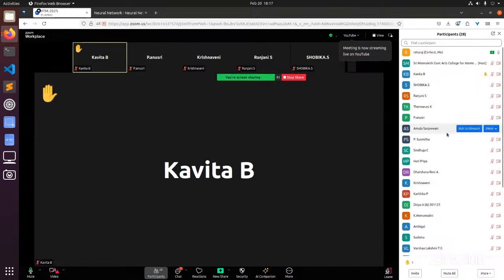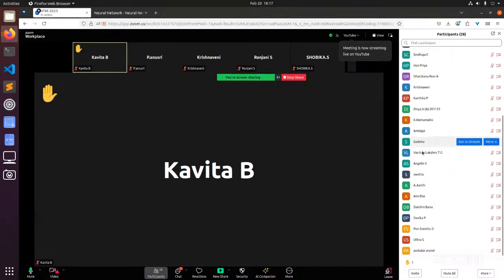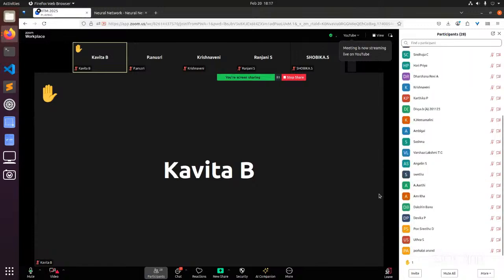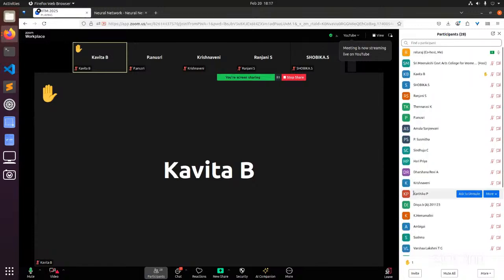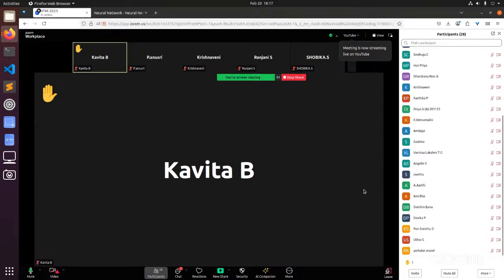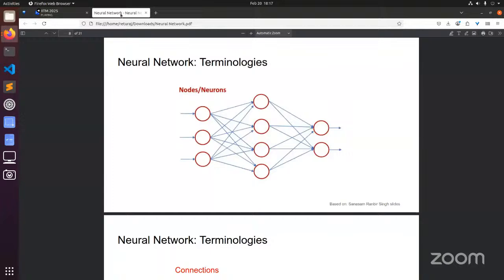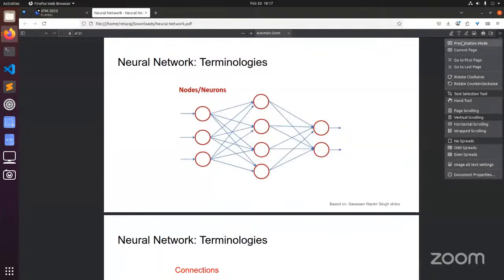Okay, one. Anyone else? Okay, I see only one hand raised. So assuming not everyone is familiar. Okay, now you can put down your hand, Kavita. Thank you for sharing. Then we will just go slowly.